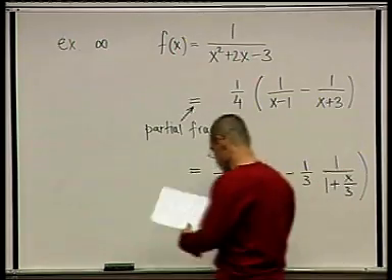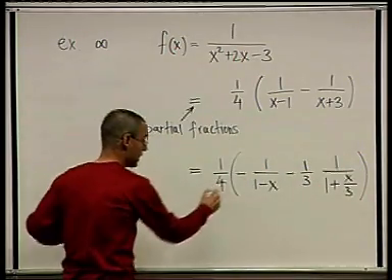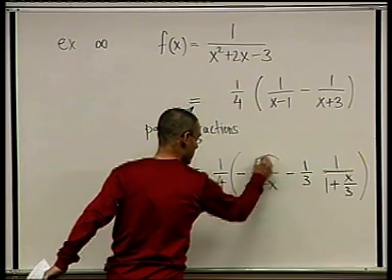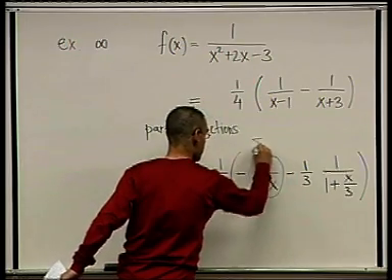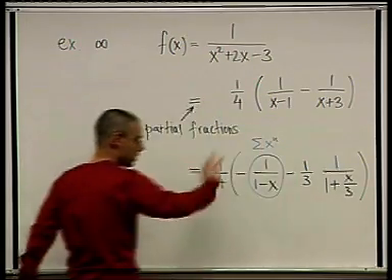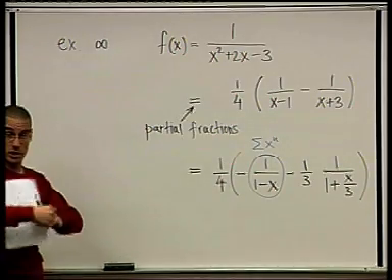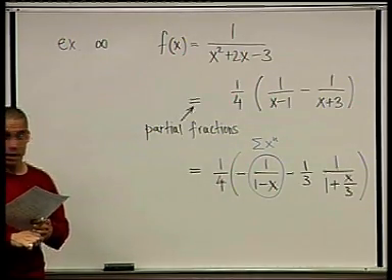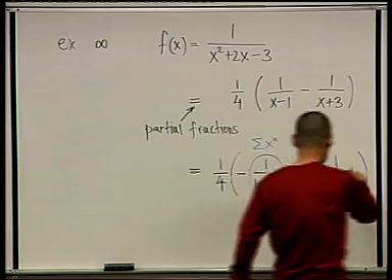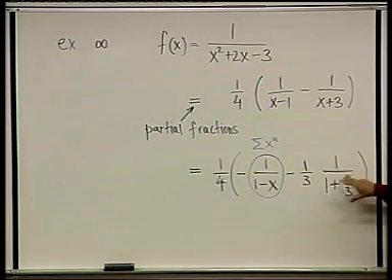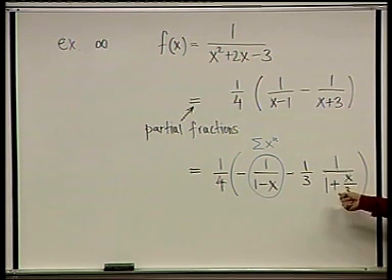So what did I get? This one is precisely the geometric one. This is sigma x to the n with no additional changes. Do you agree? What about this one? This would be sigma x to the n, but when I'm plugging in, instead of x, minus x over 3. Do you see that?